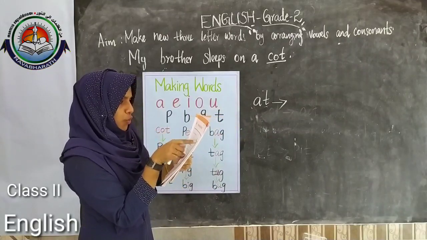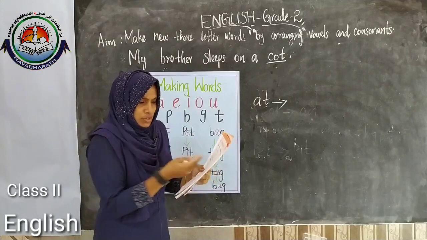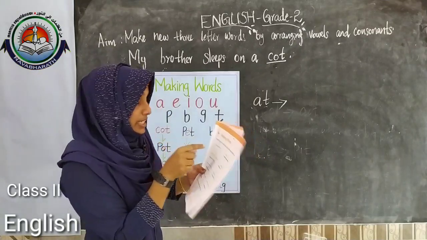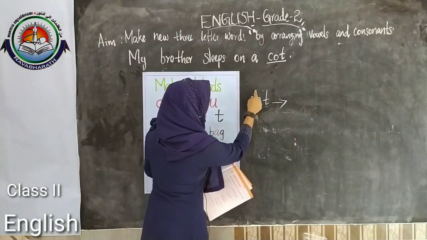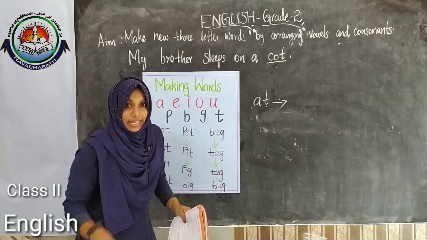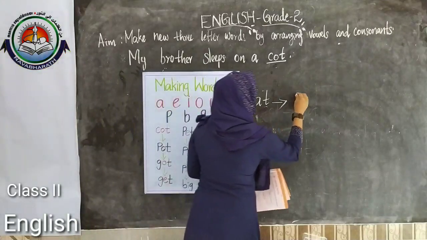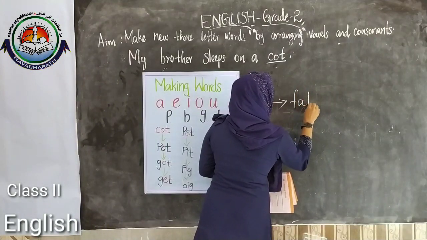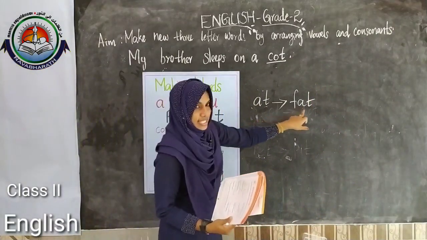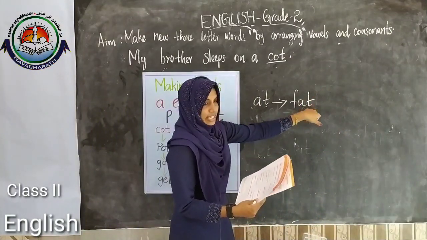A pig is short and bat. No, it does not match. So, if we take the word fat, let's add a letter F in front of these letters. Yes, we will get a new word. It is fat. F-A-T, fat.